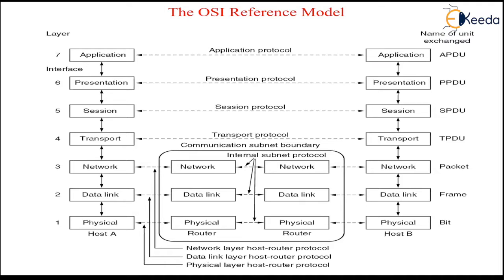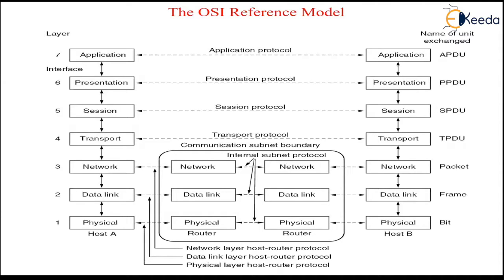This model is based on a proposal developed by the International Standards Organization, ISO. The model is called the ISO OSI Reference Model. OSI stands for Open Systems Interconnection. It deals with connecting open systems, that means systems that are open for communication with other systems.